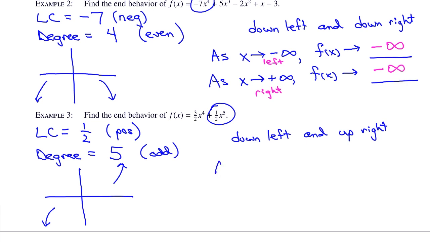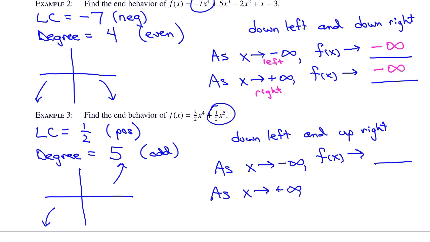Using the alternative statement, as x goes to negative infinity, f of x goes to blank, and as x goes to positive infinity, f of x goes to blank. And we would fill these in with the appropriate infinities.